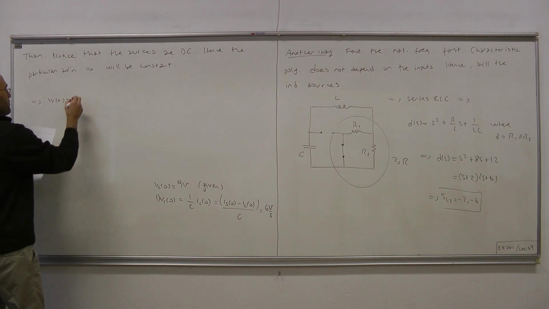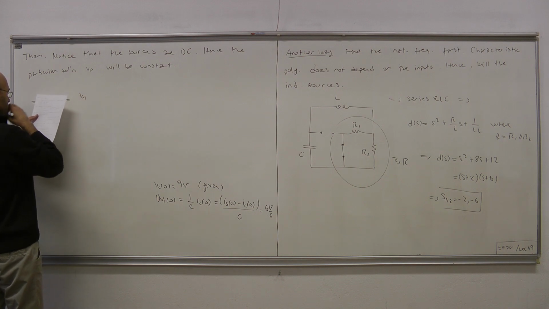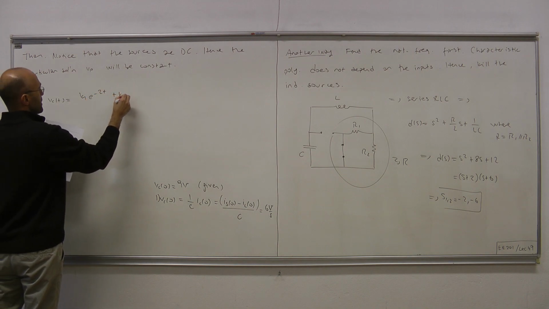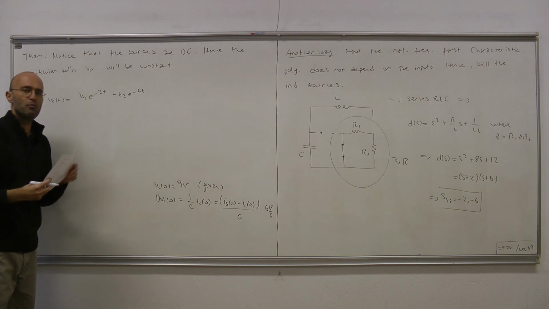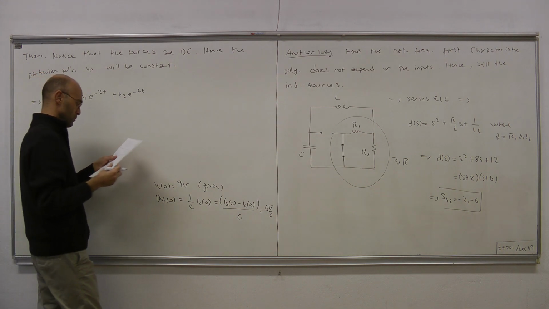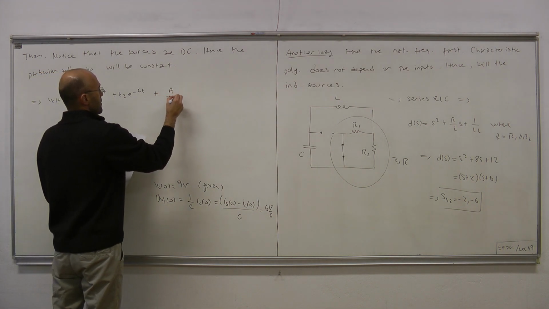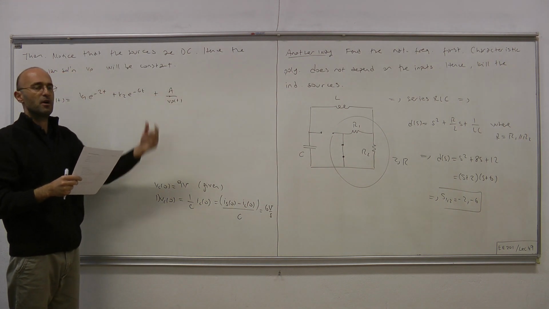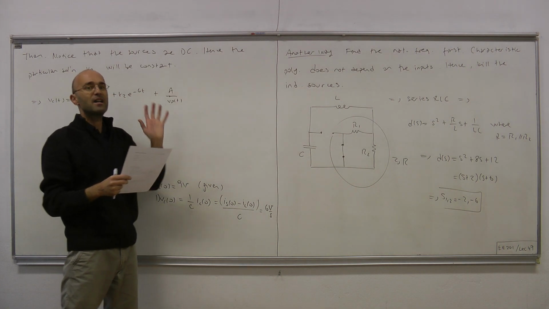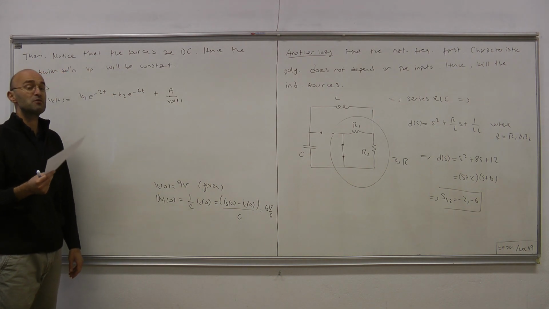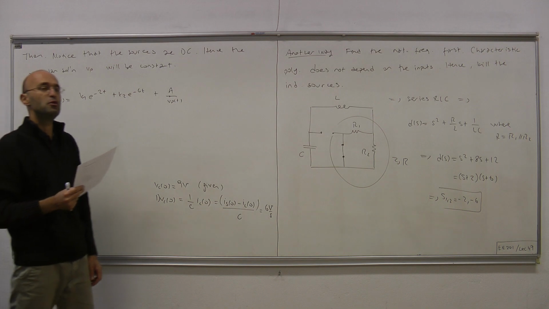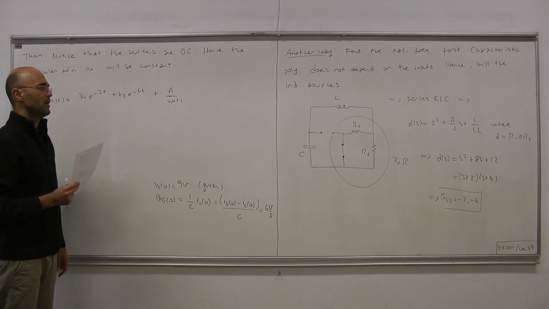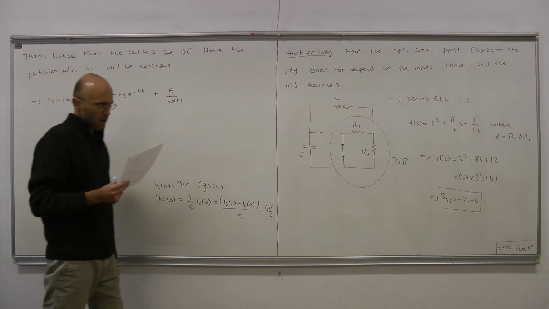Vc(t) equals K1 e to the minus 2t plus K2 e to the minus 6t, the homogeneous part, plus the particular solution A, Vp(t). This is constant because the right-hand side of our differential equation must be constant, and that we deduce from the fact that all the sources, all the inputs in the circuit, are constant.